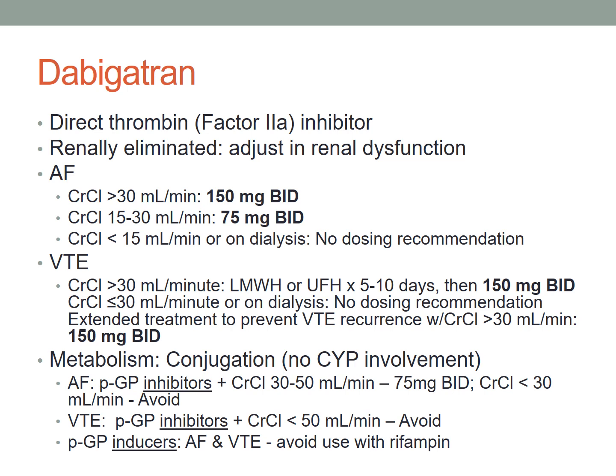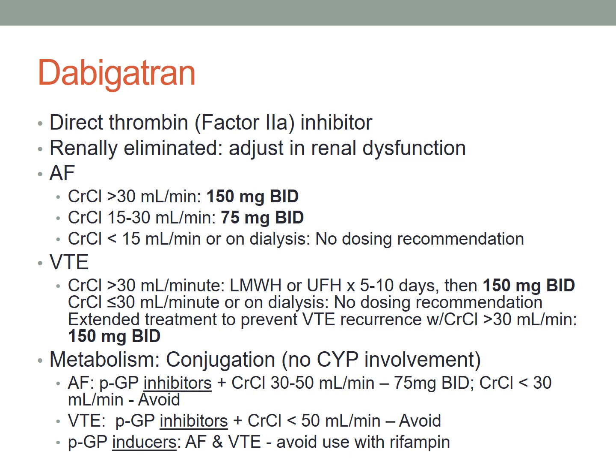So many, but not all, of the drugs that are transported by P-glycoprotein are also metabolized by the cytochrome P450-3A4 pathway. Dabigatran is one of those exceptions. It has no CYP involvement in its metabolism. But you do need to note that if given dabigatran with P-glycoprotein inhibitors, there does need to be a dose reduction for atrial fibrillation.